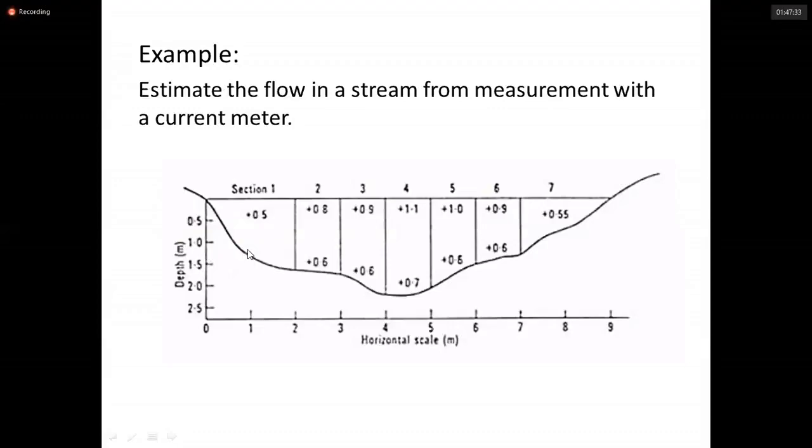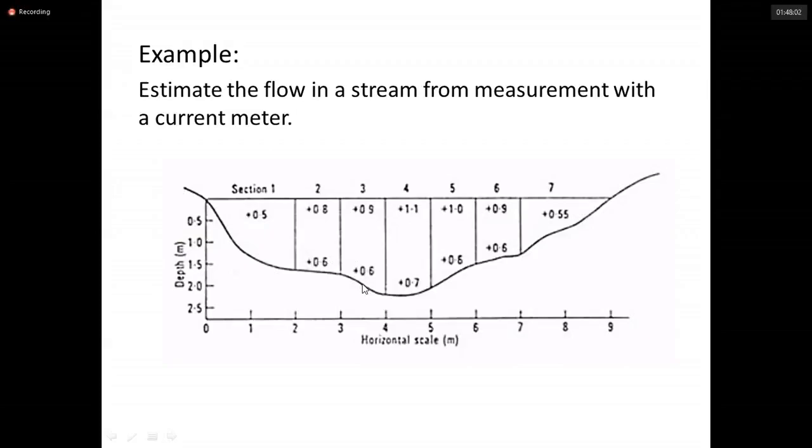Please write down: section 1 depth is nearly 1.3 meter. The depth of section 2 is 1.7 meter. We are going to take the average depth. That's why I'll take the center point reading.